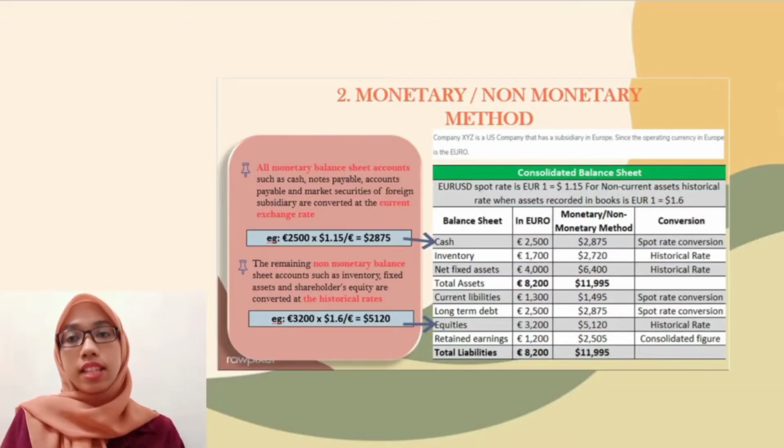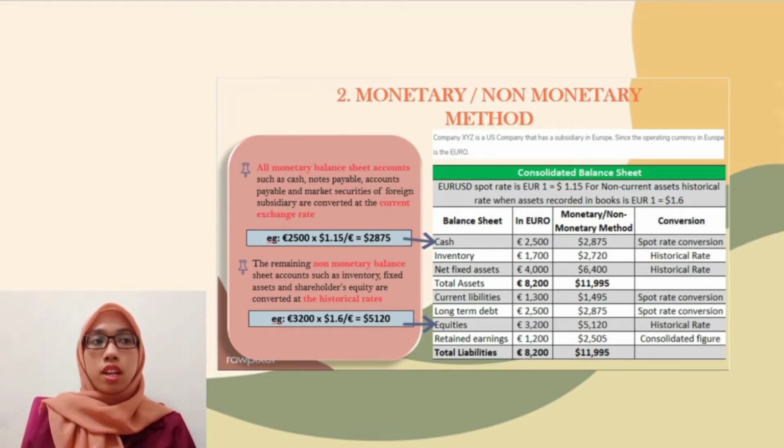The second method is the monetary or non-monetary method. All monetary balance sheet accounts, such as cash, accounts payable, notes payable, and marketable securities of the foreign subsidiary, are converted at the current exchange rate or spot rate. For example, we calculate cash because it is monetary, and we multiply by the spot rate given, so we get the answer $2,875.